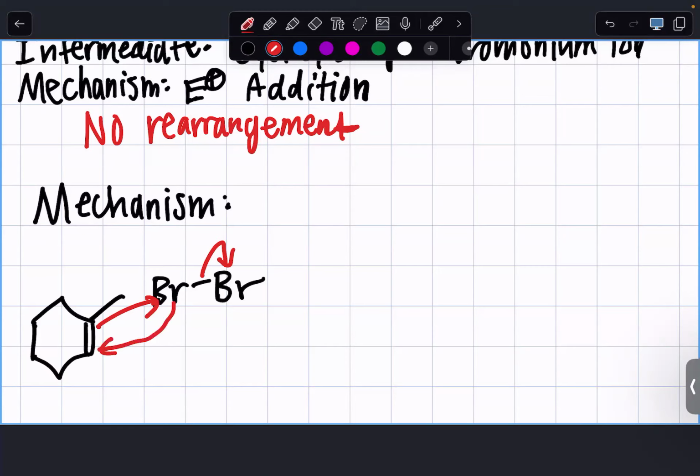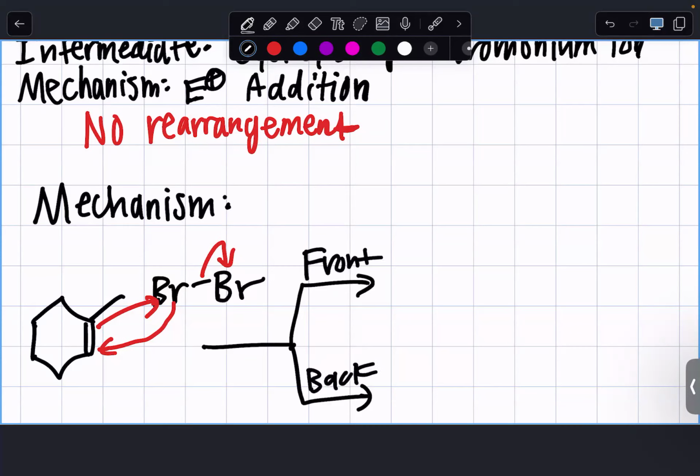So it's going to come back on the other side and form that cyclic bromonium ion intermediate. And in this case, it could also attack on the front side or the back side. If it attacks on the front side, becoming wedge, that becomes a wedge bromonium ion. And that forces this flat methyl group to become a dash.